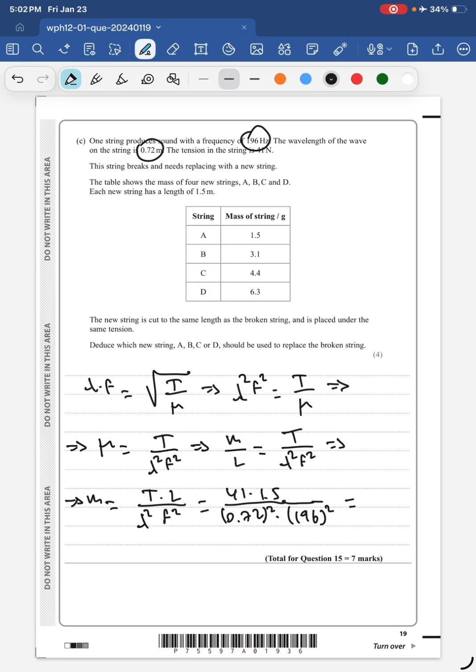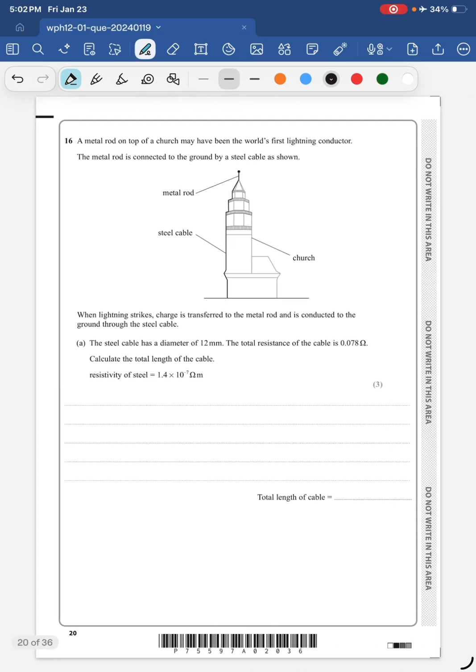So this works out to 3.1 times 10 to the negative 3 kilograms, which is 3.1 grams. And the correct answer is B. Okay, so use string B. And this was question 15.